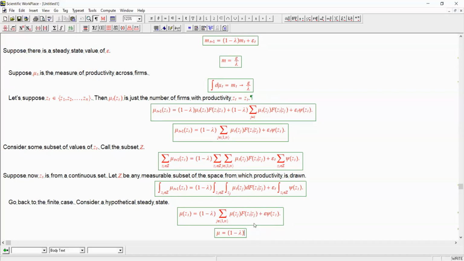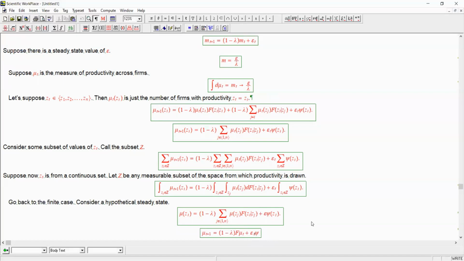So that's a matrix. And that matrix is times this vector from yesterday. So if we didn't want to suppress the time subscripts, we could just have done this actually in general. And then this is epsilon times the vector of probabilities psi.